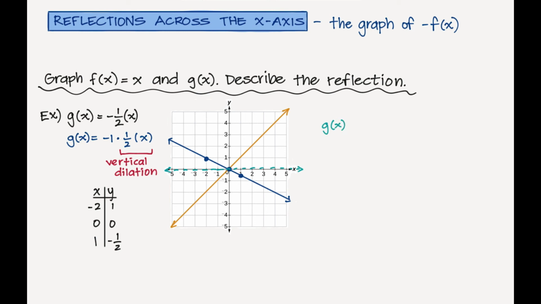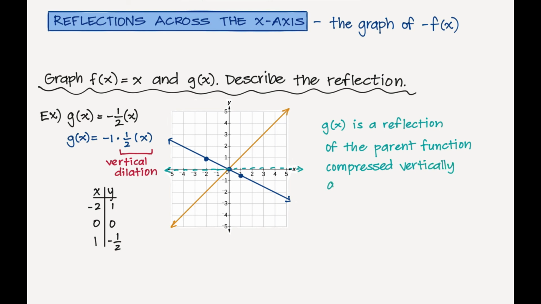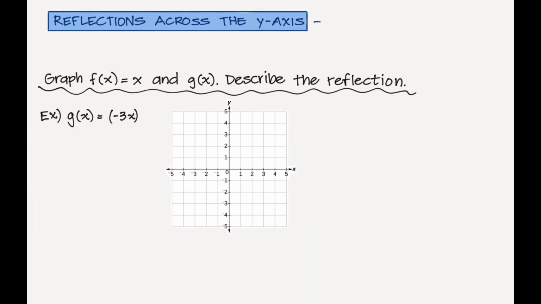And so what I'm going to write down is that g of x is a reflection of the parent linear function, so that's f of x, but it's also compressed vertically across the x-axis. So it's a lot to take in, okay? So take detailed notes on this, and it'll help you out.